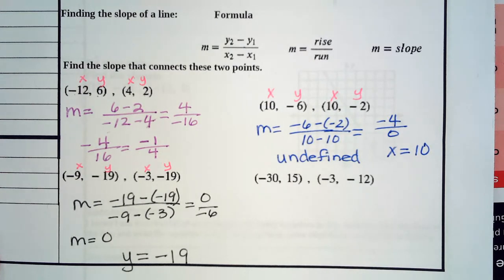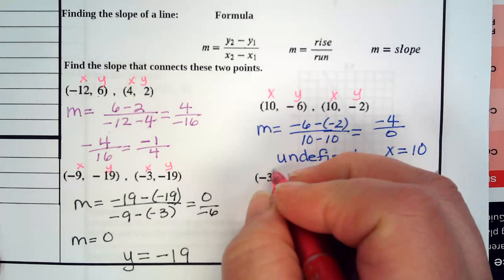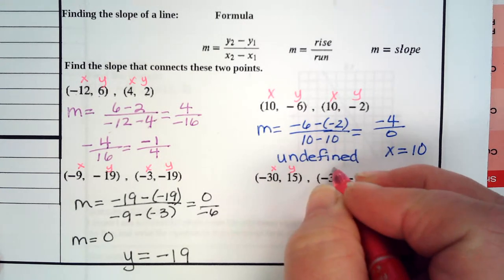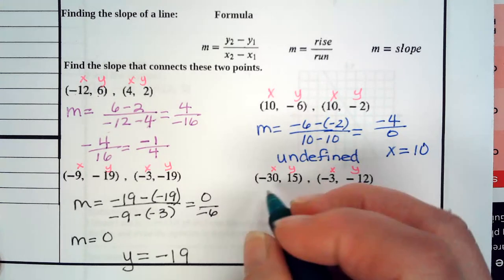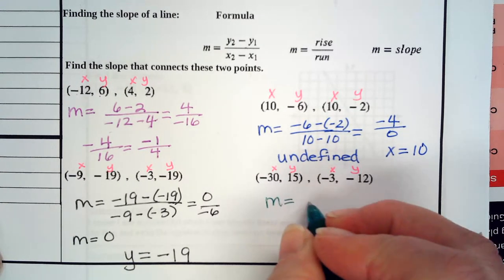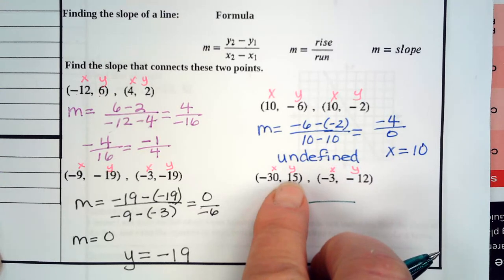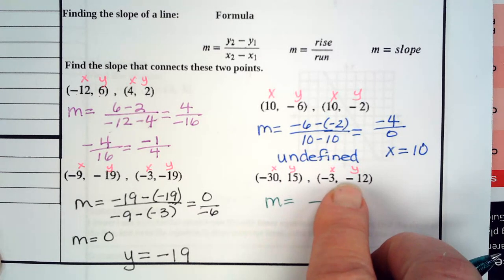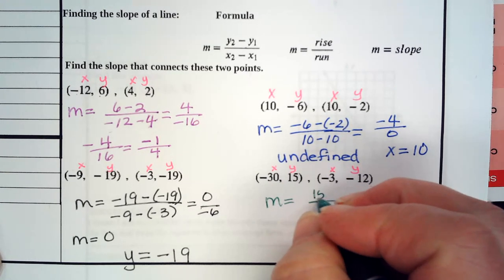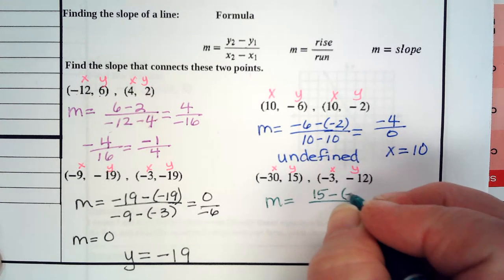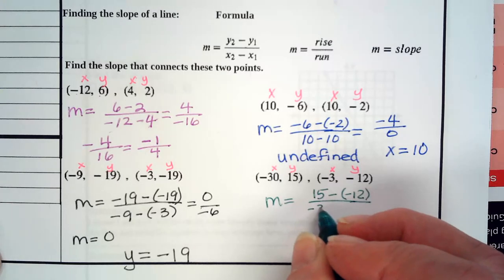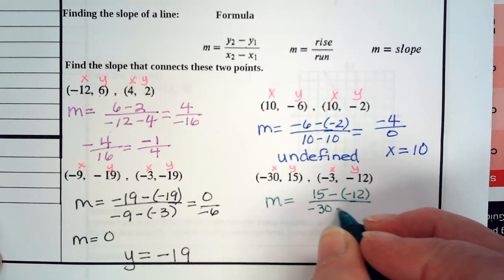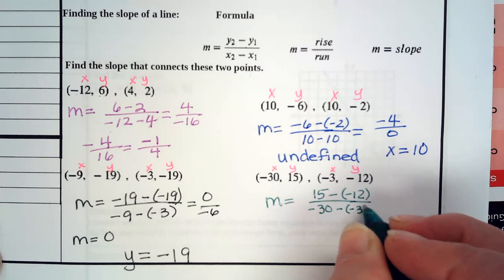Okay, for the last one, once again, xy, xy. My slope is equal to 15 minus negative 12 over negative 30 minus negative 3.